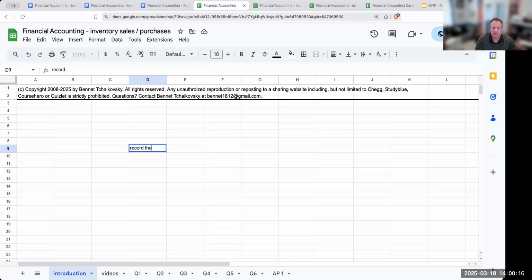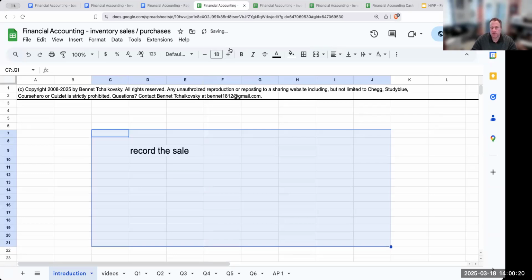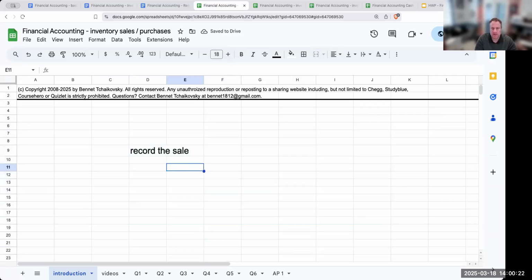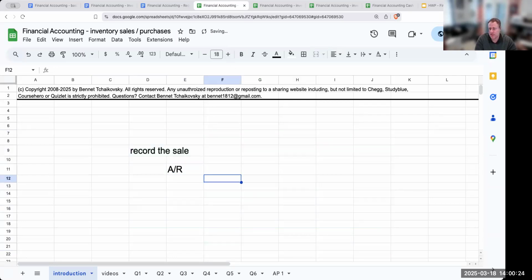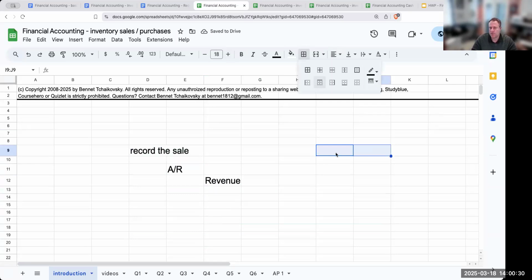We're going to record the sale. This is going to look very similar to what we were doing previously, meaning I'm debiting accounts receivable and I'm crediting revenue. So when I record the sale, I'm debiting accounts receivable, crediting revenue. If this does not look familiar to you, it's time to go back and review the first two homework packets.